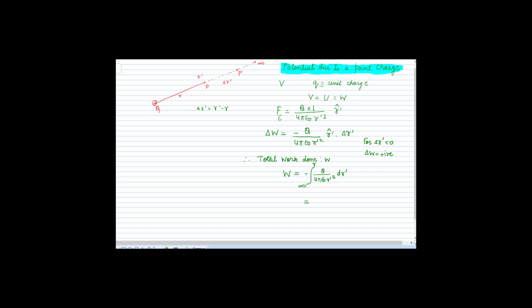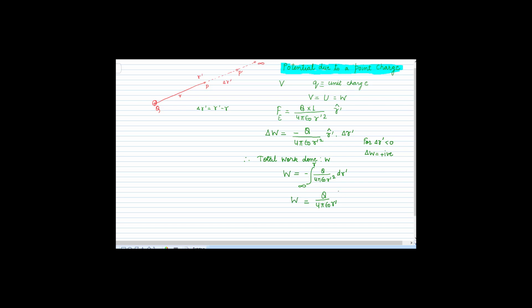This minus cancels out with the other and becomes plus. So this is equal to Q upon 4 pi epsilon naught R dash, because if you integrate this, you will have minus 1 upon R dash. So minus minus makes a plus, and this reduces to Q upon 4 pi epsilon naught R dash. This is the total work done.